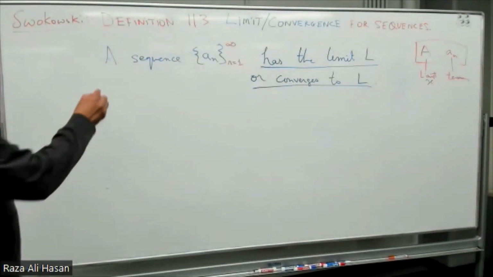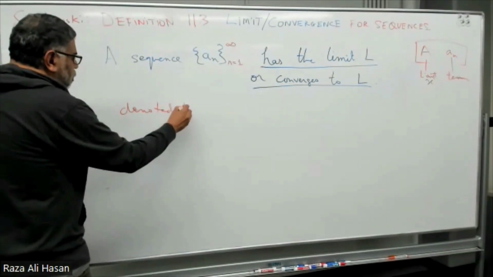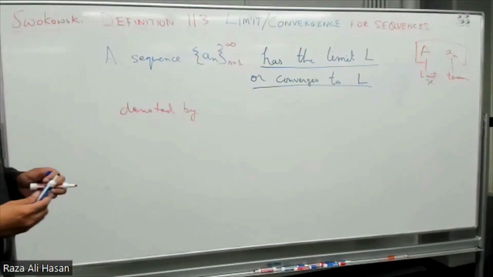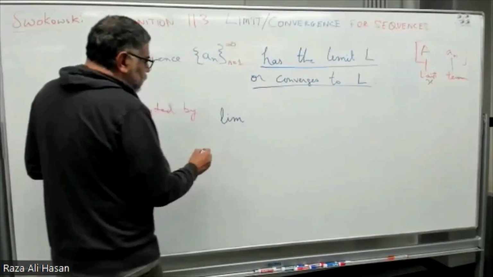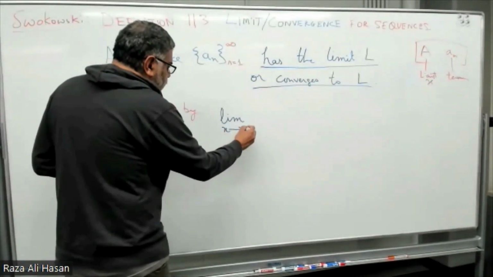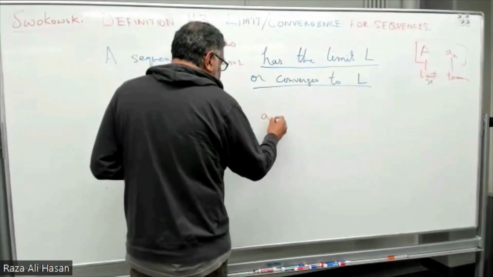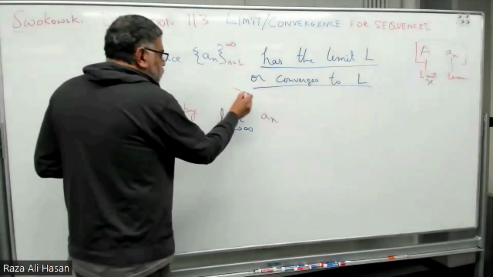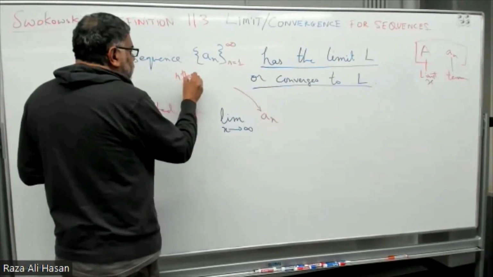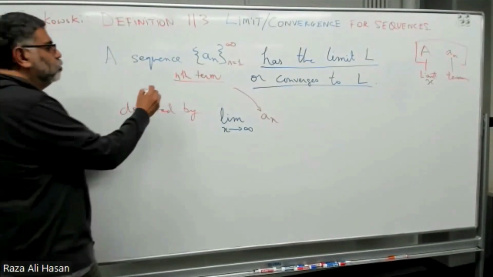This whole business is denoted by the limit as n goes to infinity of the sequence AN. In the limit notation, this is the nth term that we put here, or in fact the formula.